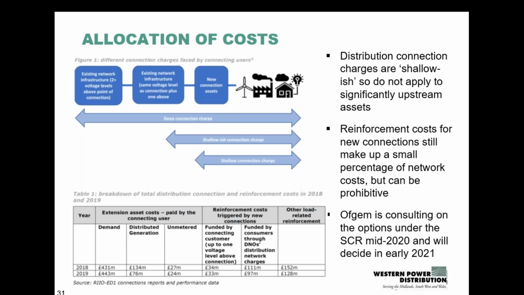So if you do have any strong views about particular schemes that have been prohibited because of these upfront connection costs, and you feel that the way things are done at the moment is a barrier to new development, then definitely keep involved with Ofgem's significant code review.